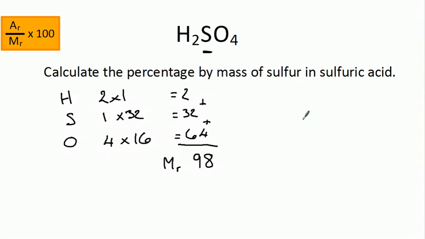Strictly speaking, we're not interested in the MR itself. What we're actually interested in is answering the question, which is calculate the percentage by mass of sulfur in sulfuric acid.